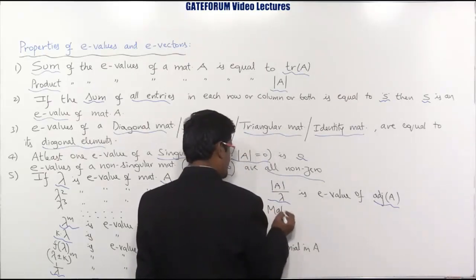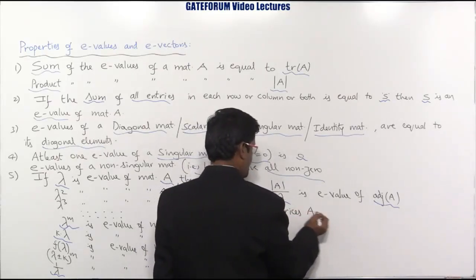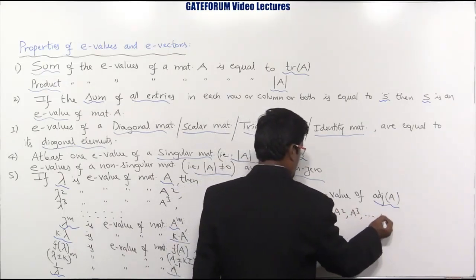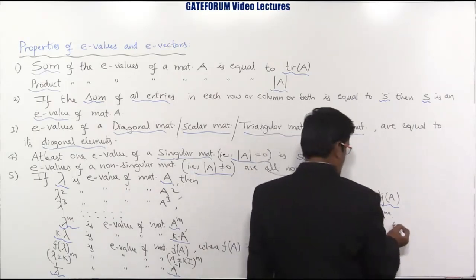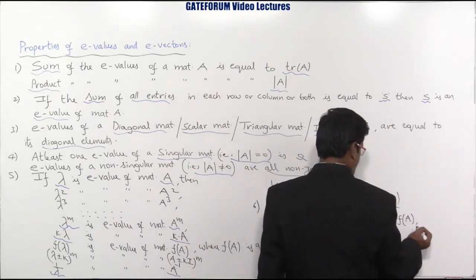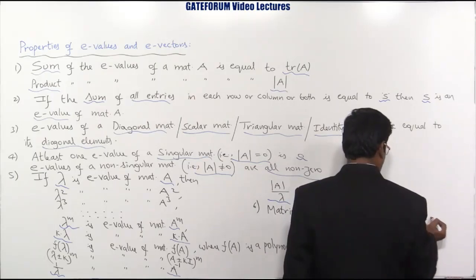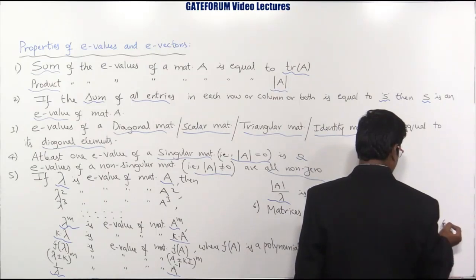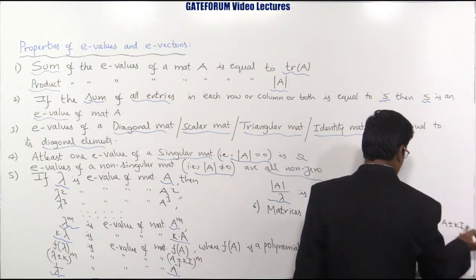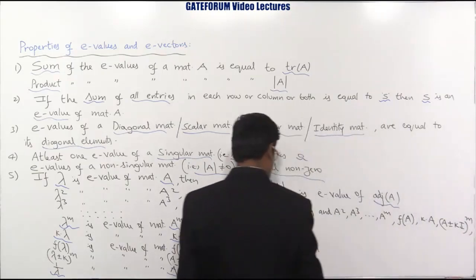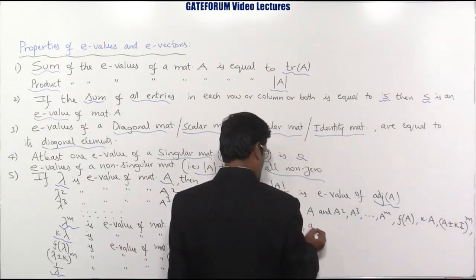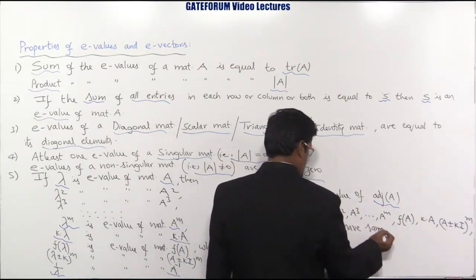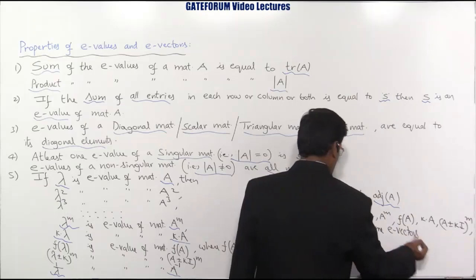So matrices A and A square, A cube, and so on, A power m, f of A, K into A, A plus or minus K whole power m, A inverse, adjoint A have the same eigenvectors.